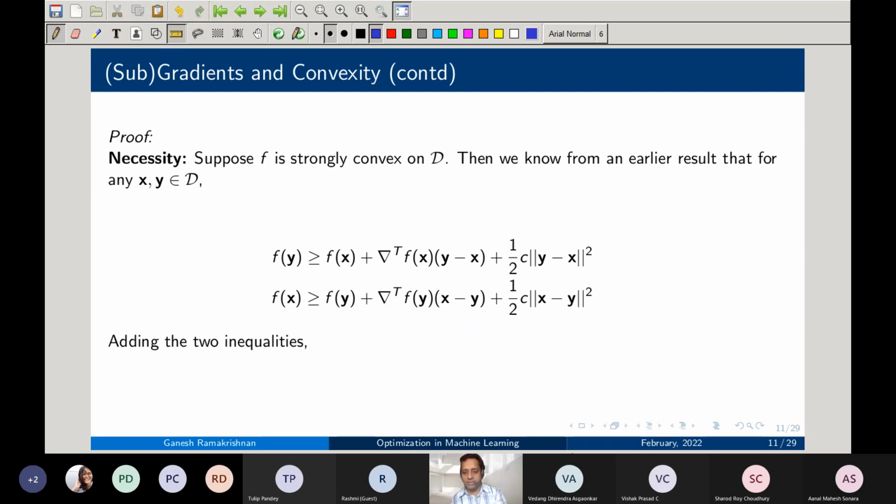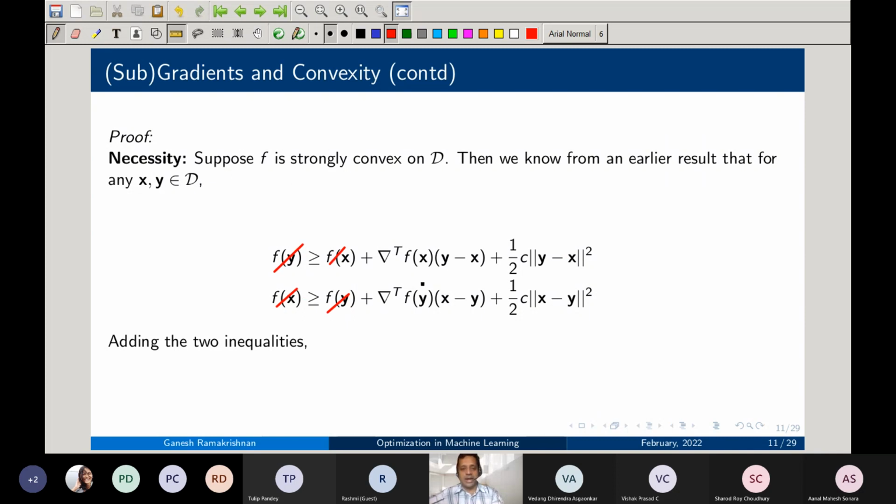So what would happen when you add these inequalities? Some things will get cancelled out. These parts will get cancelled out: f(y), f(x). So it's very simple.